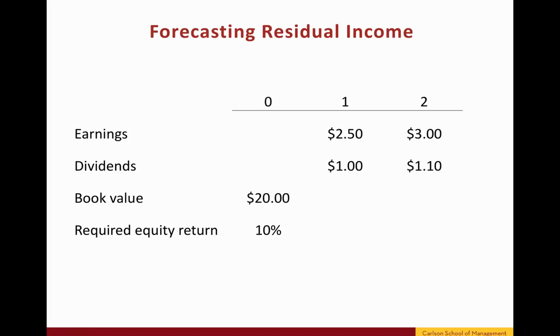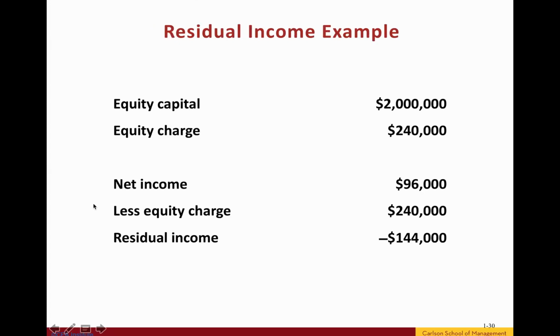So the equity charge is established based on their residual income. Their equity charge is established to get to the residual income based on the value of their equity assets on this side. So their equity capital, or their assets that are financed by equity, is $2 million.